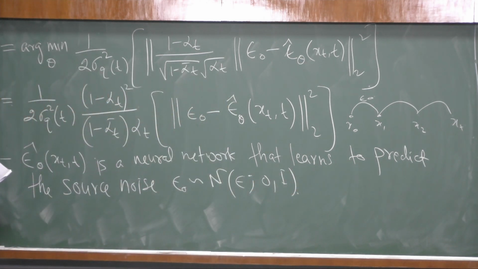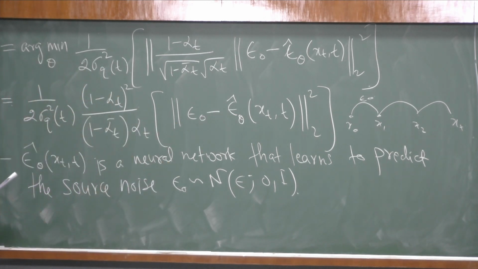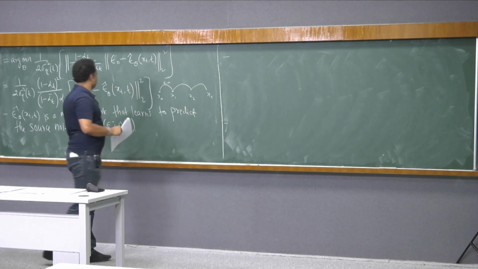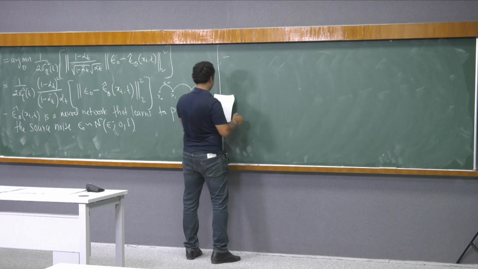So this is the source epsilon naught that eventually determines, or is responsible for, xt at time step t. So from this expression we can interpret this as predicting the first level noise.